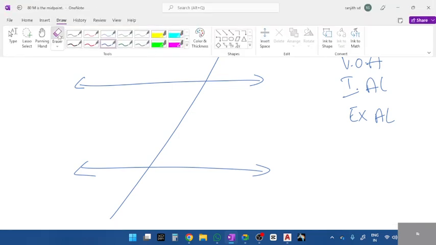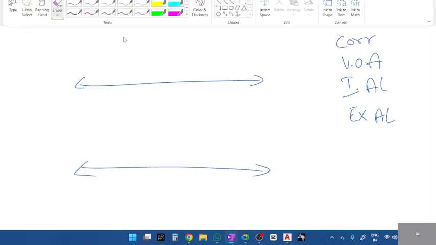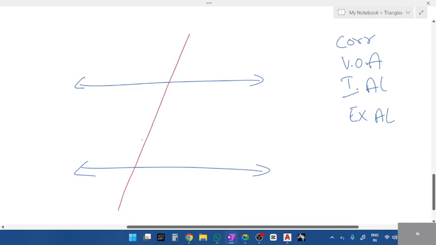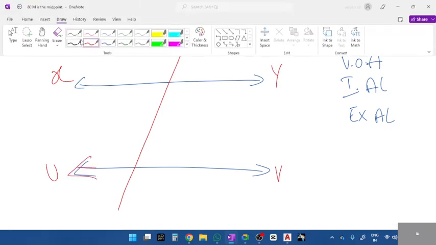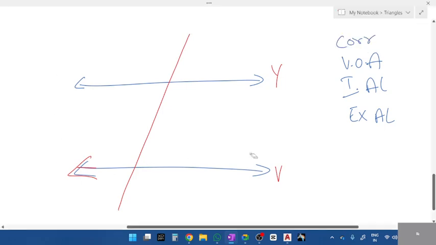Fine. Take down this question, try it for homework and complete it. There are two lines XY, UV. I'll give you two lines. Let me name these two lines as ABCD.